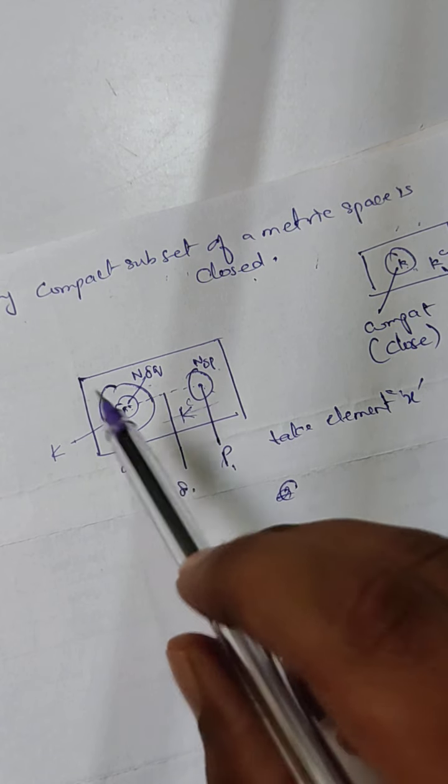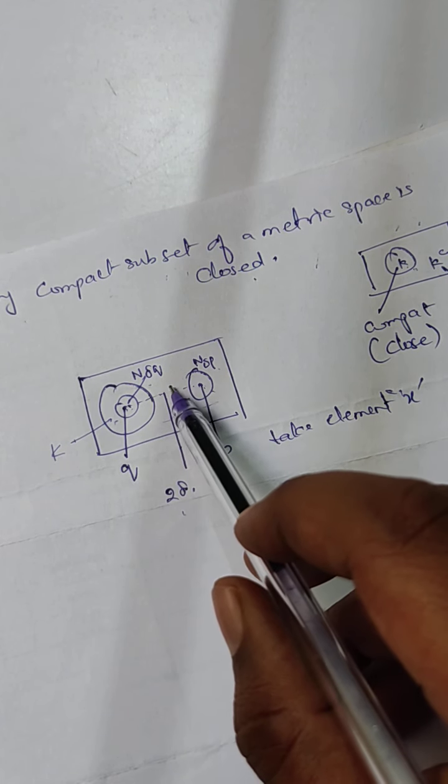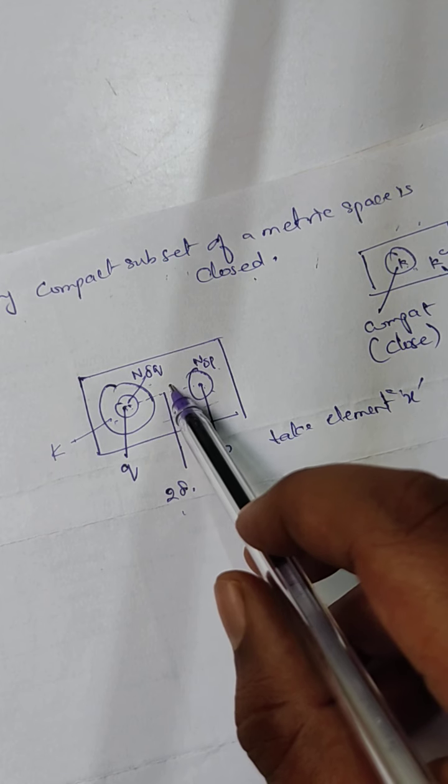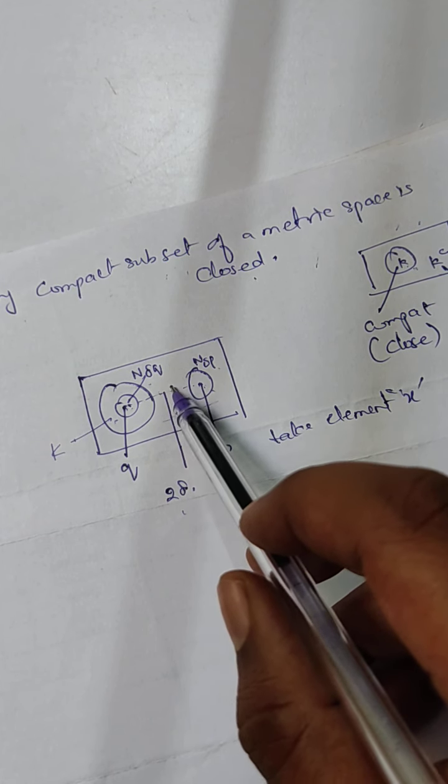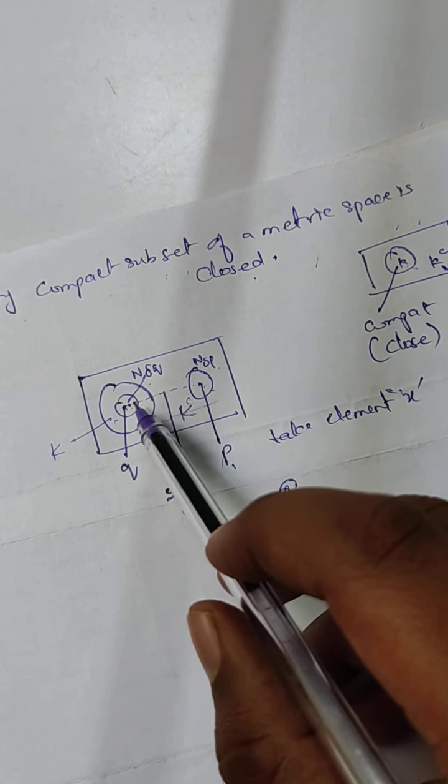If K complement is open, we know that the points lying outside will lie inside it. Hence we can conclude that it is open.